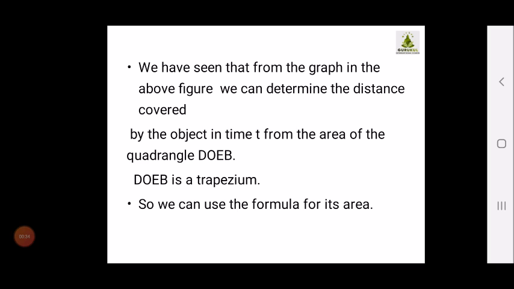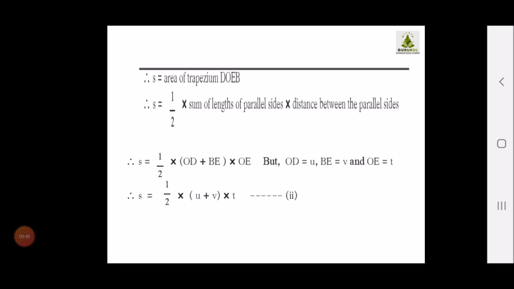Now DOEB is a trapezium, so we can use the formula for its area. Therefore S is equal to the area of the trapezium. The formula for the area of a trapezium is half into the sum of the lengths of the parallel sides multiplied by the distance between the parallel lines.